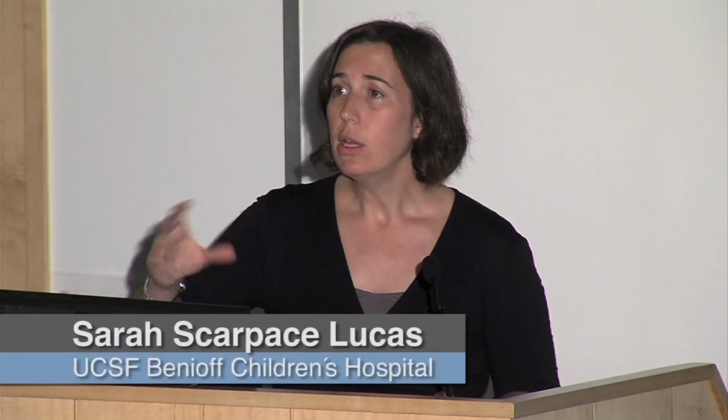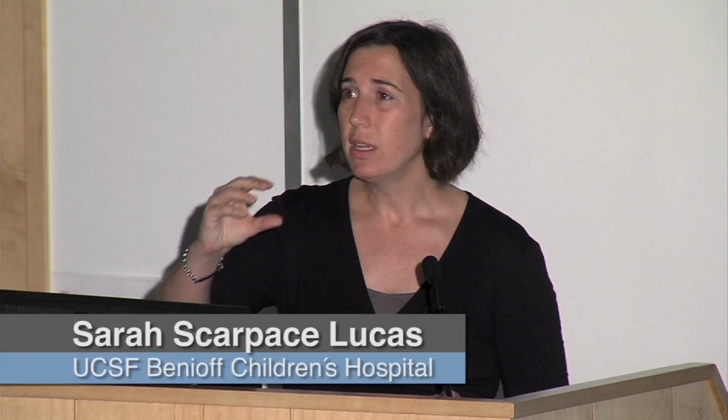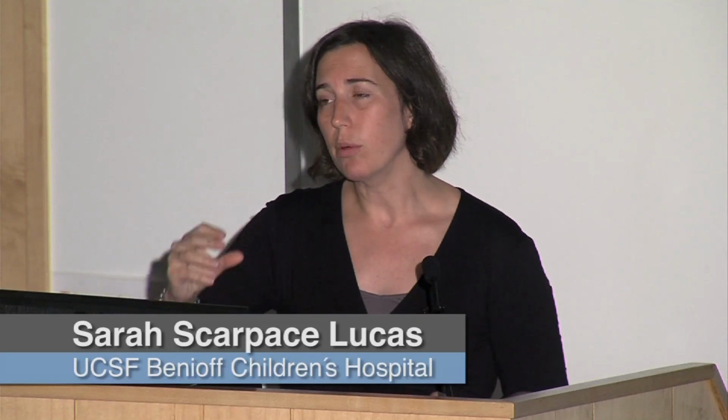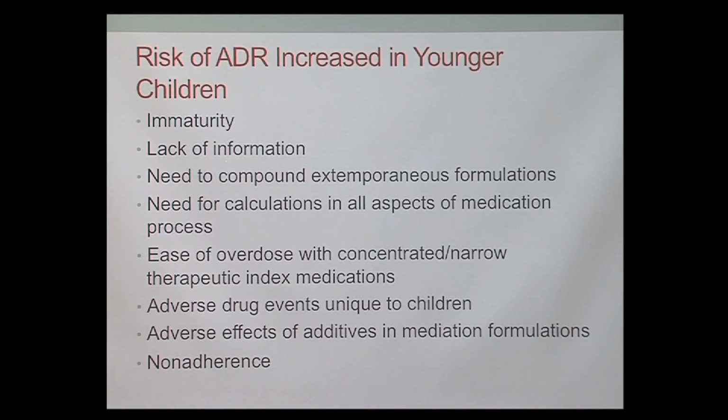So you and I would get this one package of product, but I have to take that concentrated form, manipulate it, make it into a dilute form, and then give it out. So the chance of overdose, if I by chance didn't dilute it properly or I did it incorrectly, puts that pediatric patient at risk.